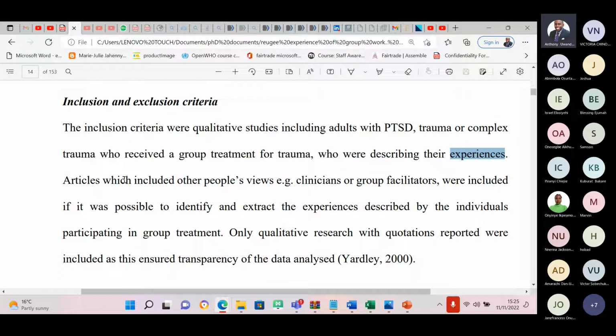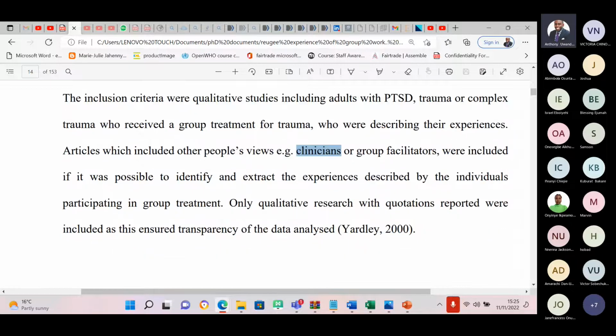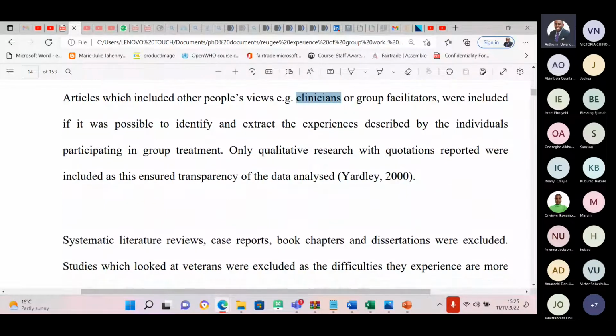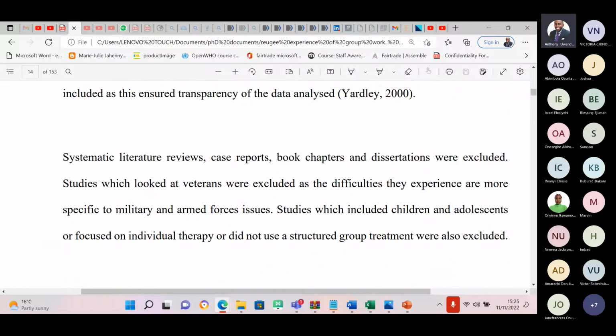Articles which included other people's views, like clinicians, nurses, midwives, were included. Only qualitative research with quotations reported were included to ensure transparency. Then the things that you can exclude: thematic literature reviews, case reports, book chapters.